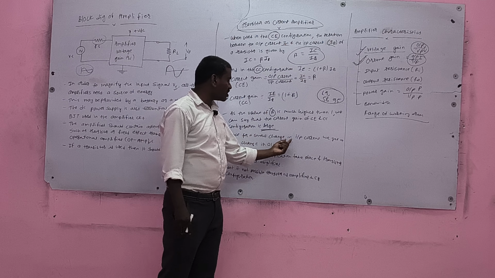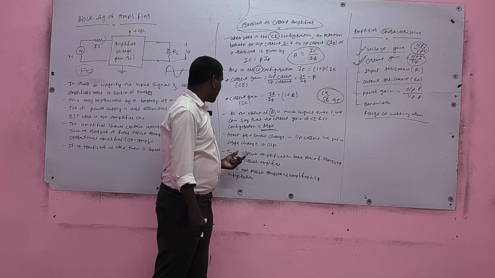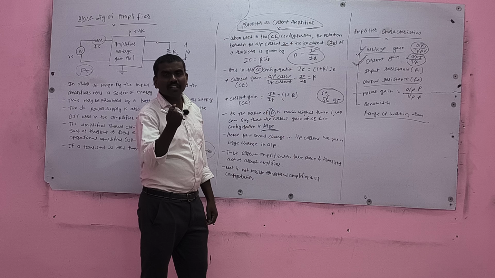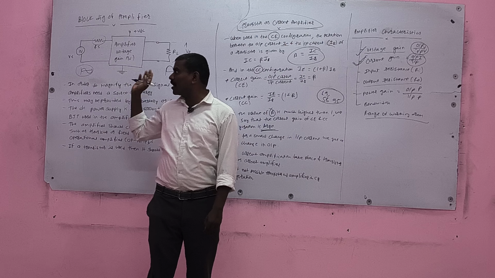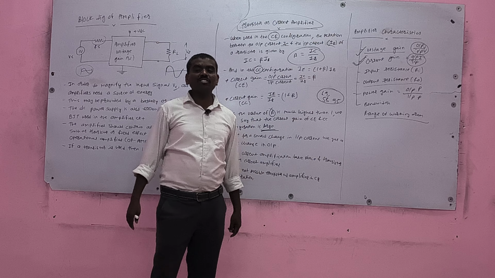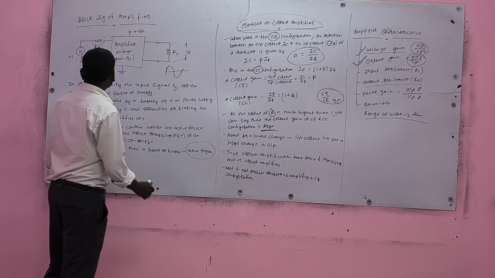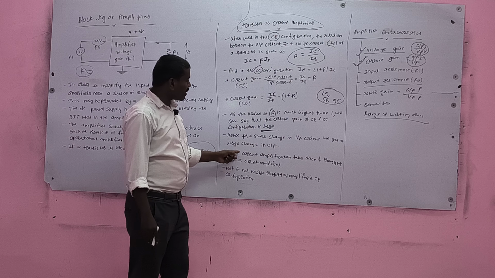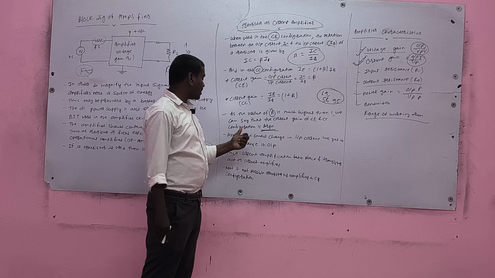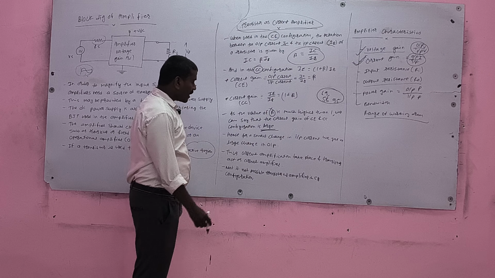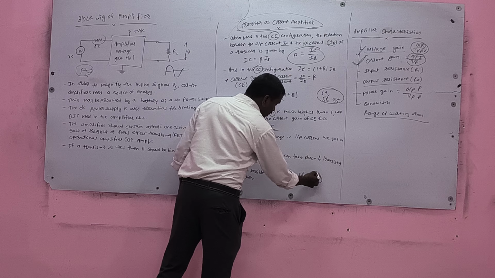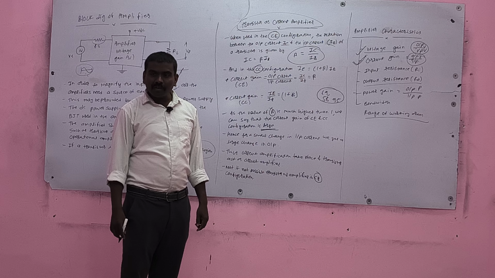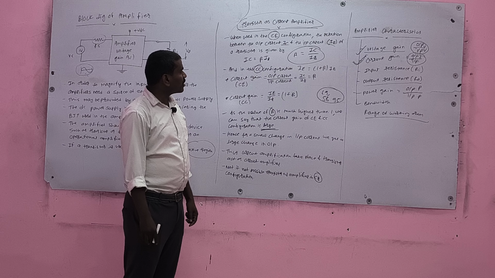Hence for a small change in input current, we get a large change in output. For a small change in input side, we get a large change in output side. That means we can convert small signal into large signal. So thus current amplification takes place and transistor acts as a current amplifier. Note that in CB configuration it is not possible.